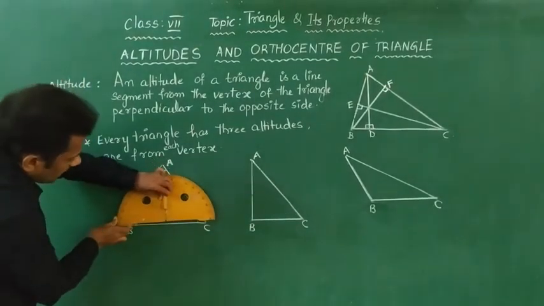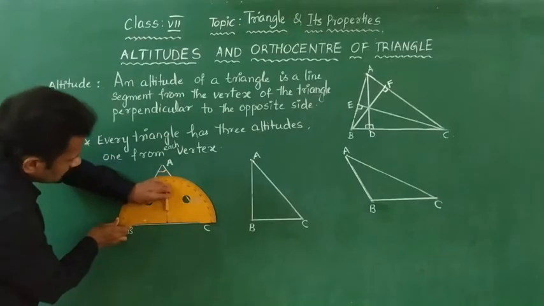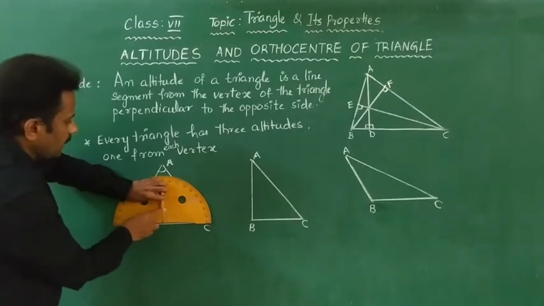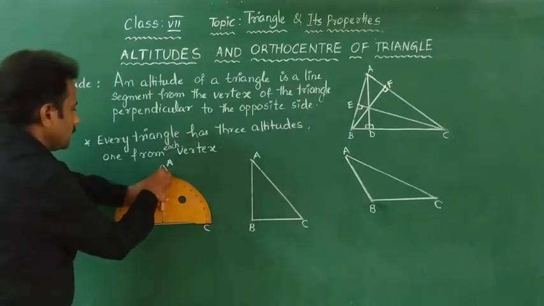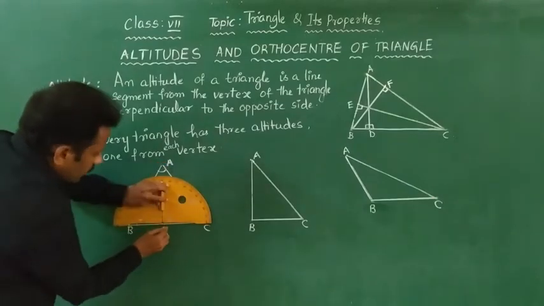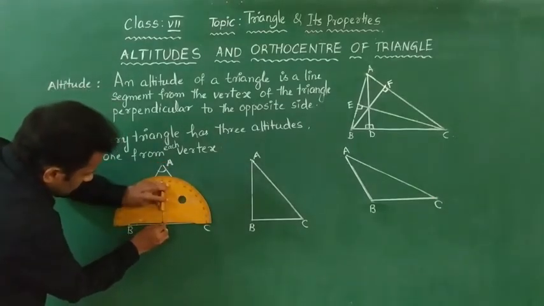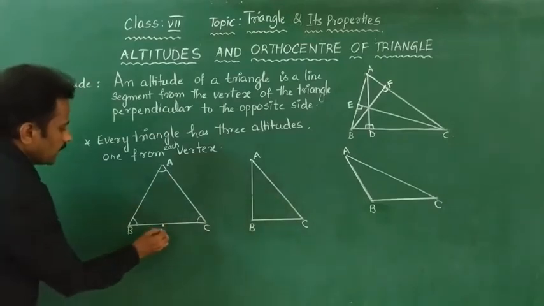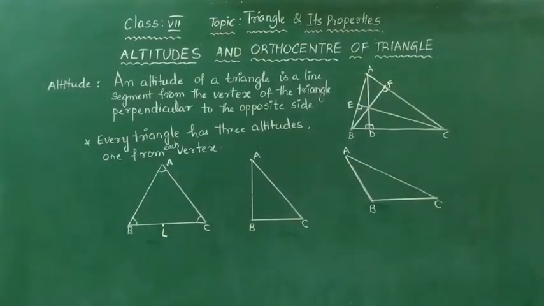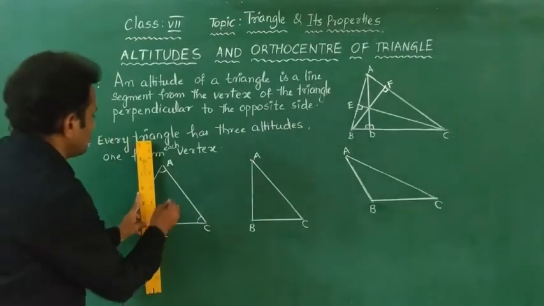So here I am taking the protractor, I am ensuring that the edge of the protractor and base are coinciding, and the line exactly passes through A. So I marked here. Okay, so this let me take as point L. Now let me draw the altitude.